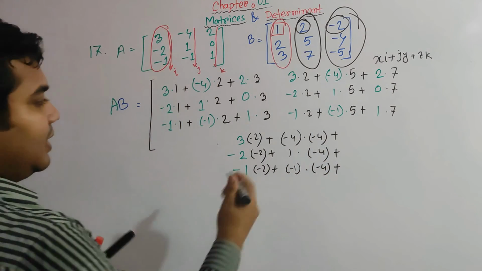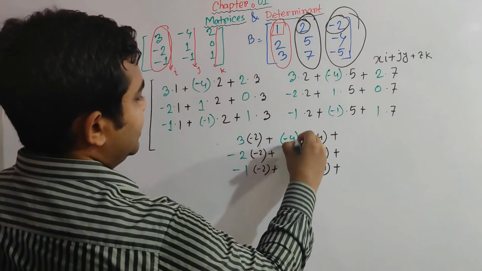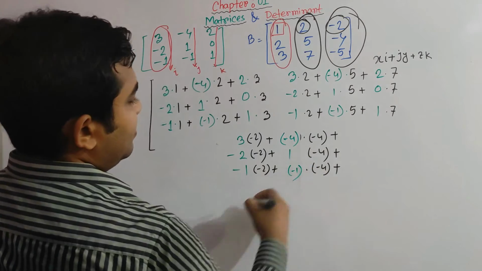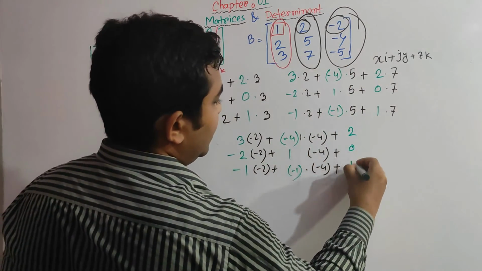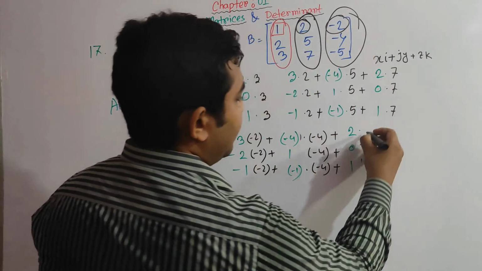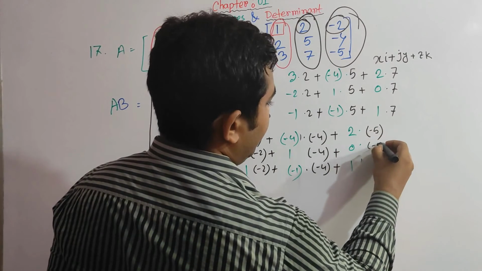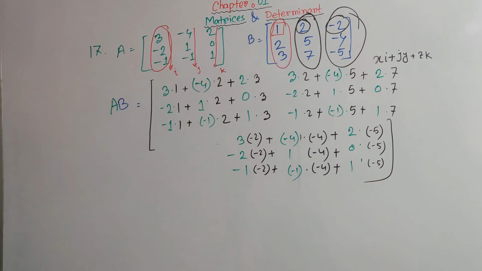Okay, I am going with this color so that you can recognize it very easily. And now 2, 0, 1 should be multiplied with the last part, that is minus 5. Just calculate it and get the answer.